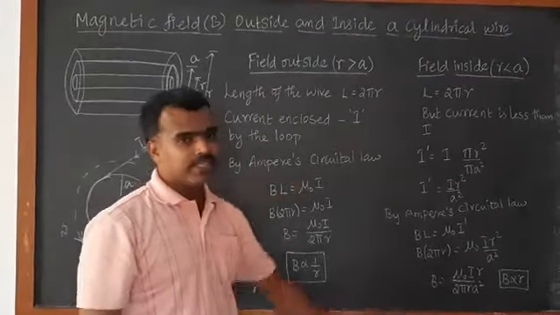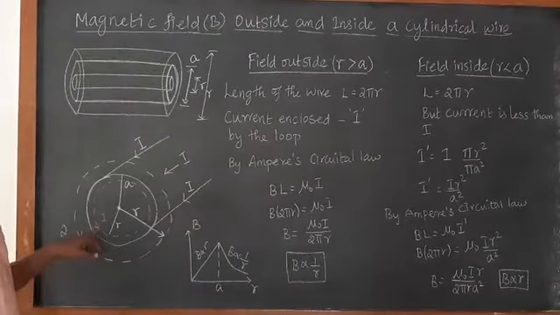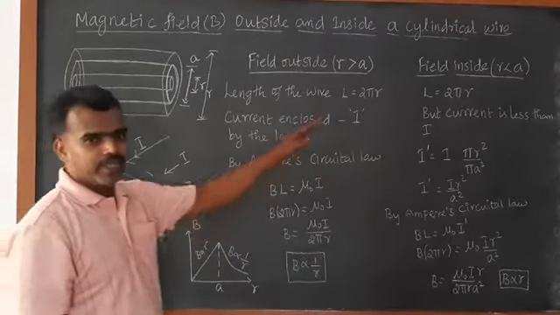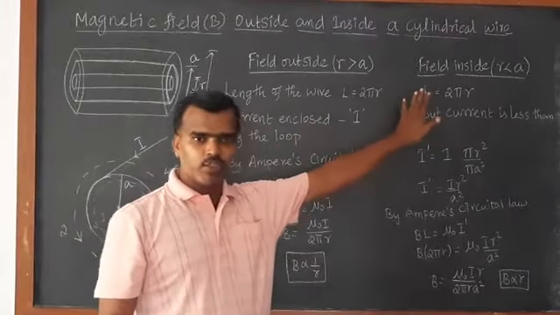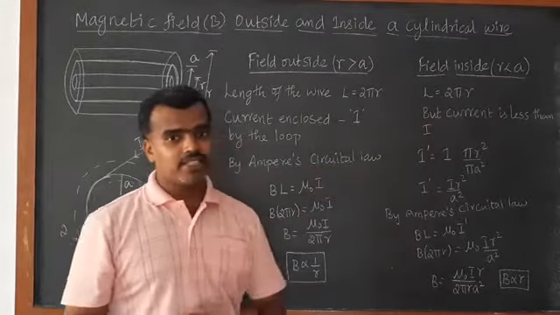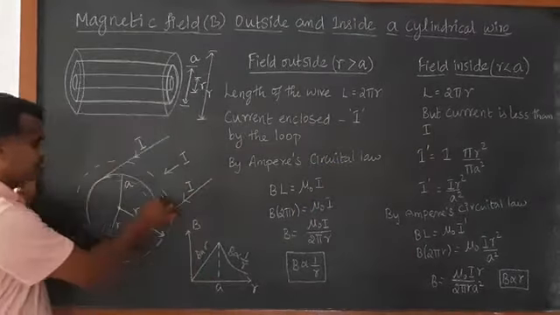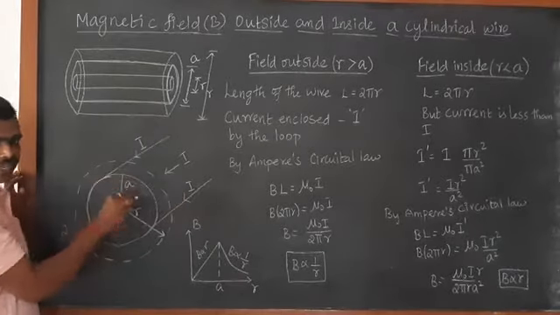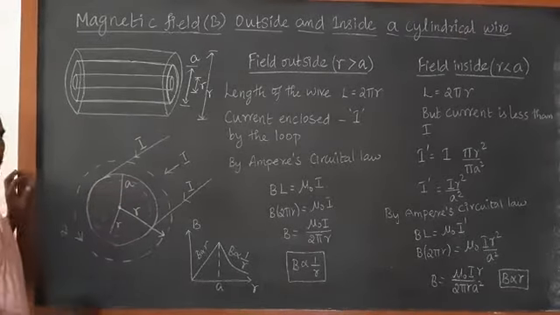Now move on to the field inside. Field inside means Ampere loop 1. Again the circumference of the circle is 2 pi r, but the current is not the same. In the first Ampere loop it is less than I. Why?